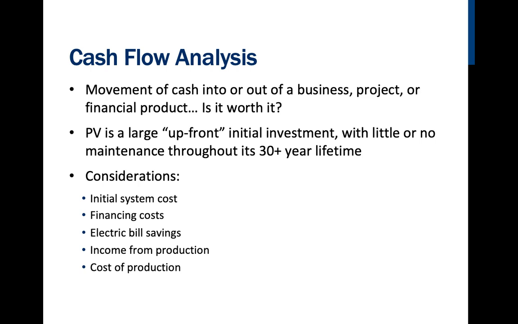So that's the analysis. And then we're going to compare that investment of that 15,000, we'll say, of net cost. We're going to compare that cost or that savings to putting that $15,000 into a 30-year treasury bill. And so we're going to look at the two investments, PV or a treasury bill, on 30 years' time, and which one is going to be making more?